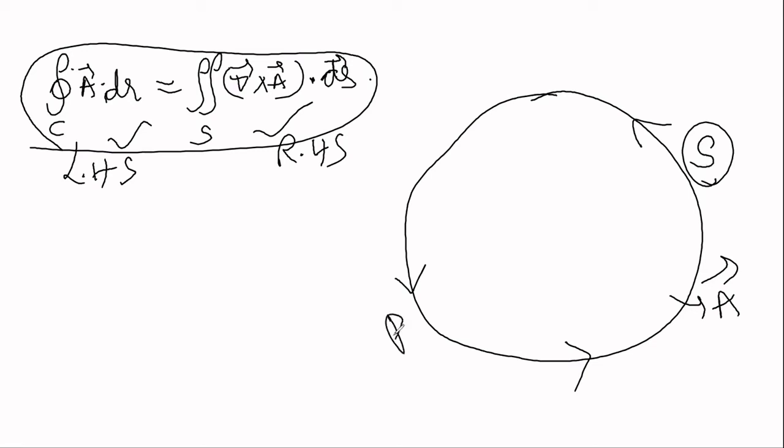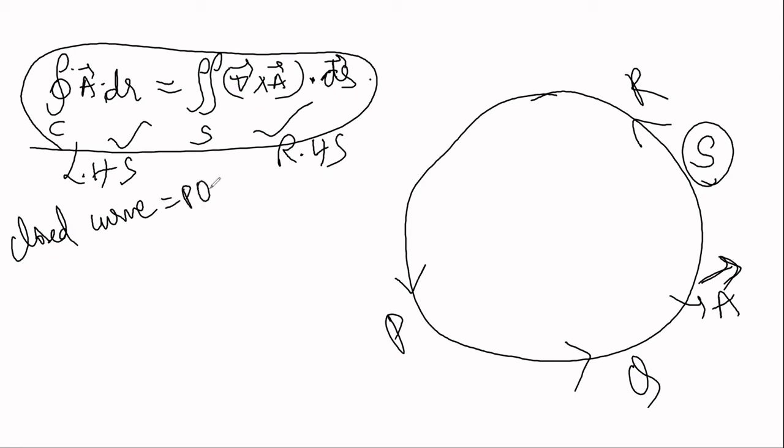So what is the closed curve here? Let me take PQR as the closed curve. Now consider a surface S enclosed by a closed curve PQR, which is enclosing the vector field A bar. You write these 3 points first. We are considering it.